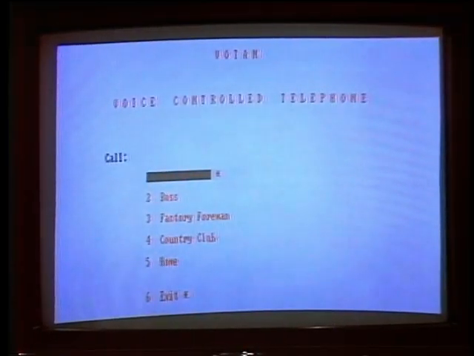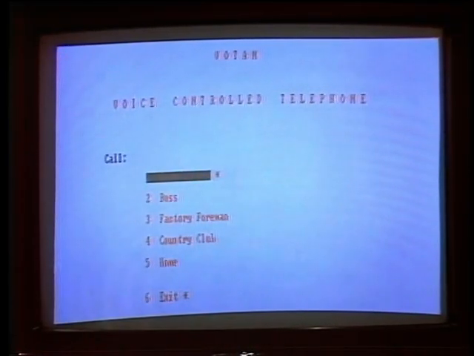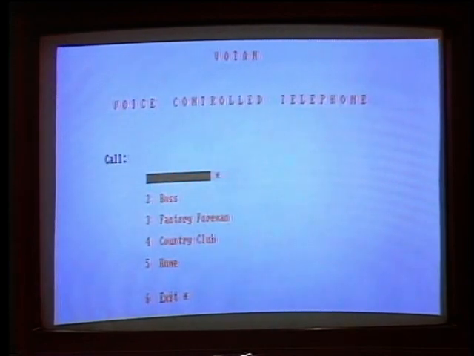Would you like to leave a message for your broker? Yes. Start your message at the tone. Buy 1,000 shares of Votan. Would you like to hear your message? Yes. Buy 1,000 shares of Votan. Is this message okay? Yes. Your message has been sent.